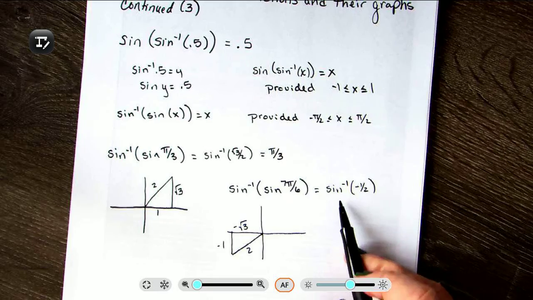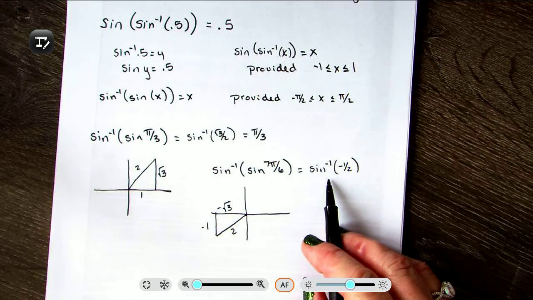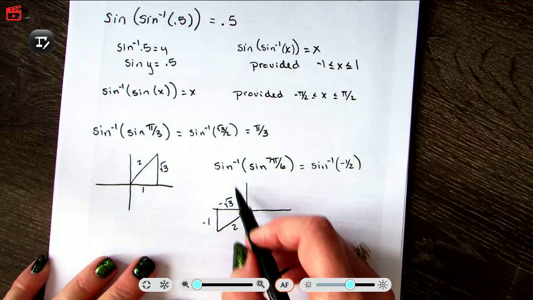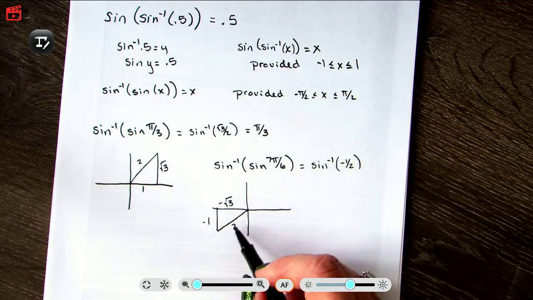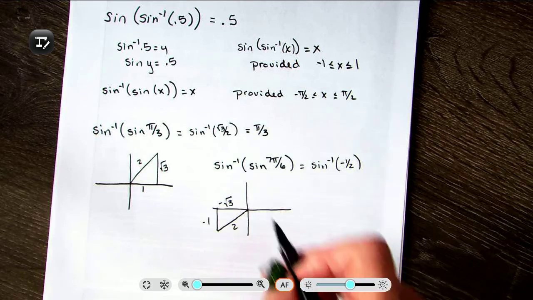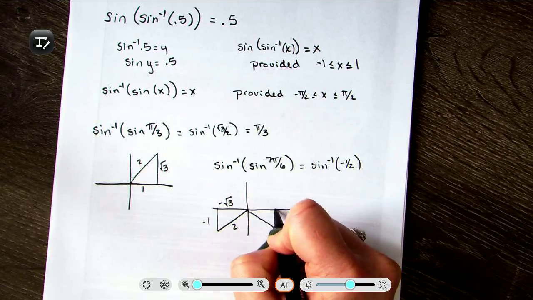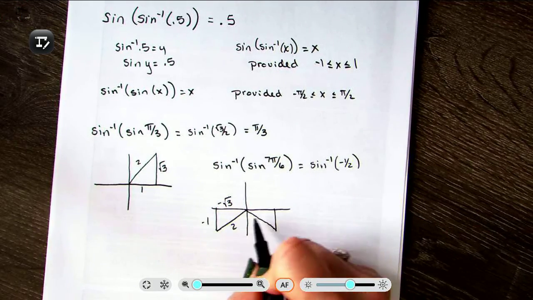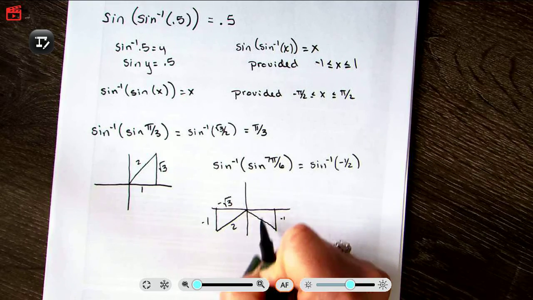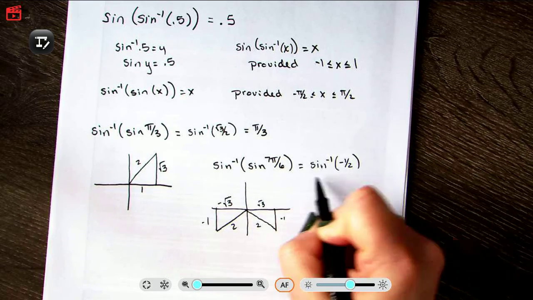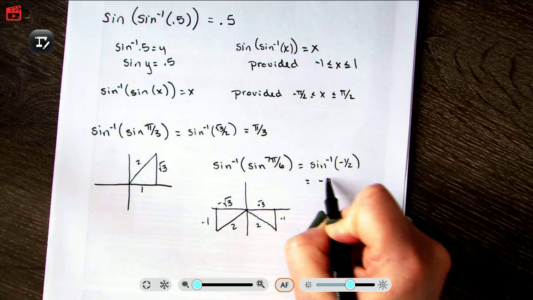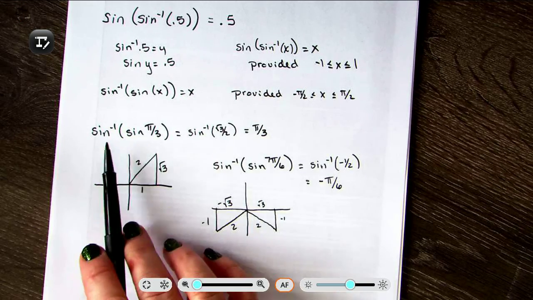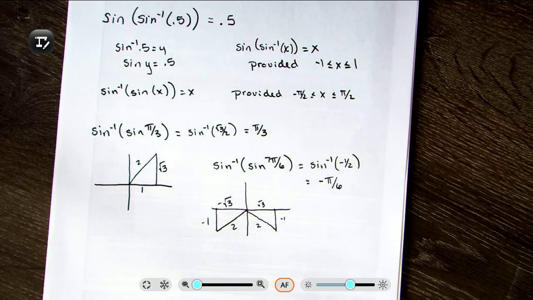Well, the inverse sine function always gives me angles in the fourth or the first. So it's going to take these angles in these other quadrants and move them into the quadrants where the sine is going to be the same sign, as in positive or negative. So this is going to take this triangle here, and we would then get a negative pi over 6. So we do have to be a little bit careful when working with the inverse of a regular value.